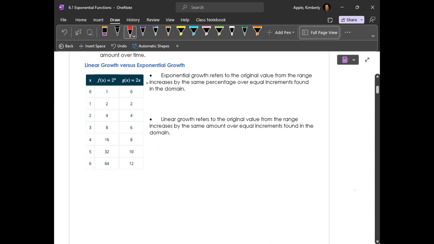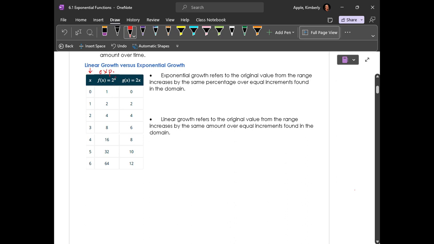And so looking at linear versus exponential, sometimes it's easier to understand what I mean by all of those words that I said in the definition previously. If we look at these 2 tables of values, here you have the x or the inputs for 2 different functions. This one is exponential.